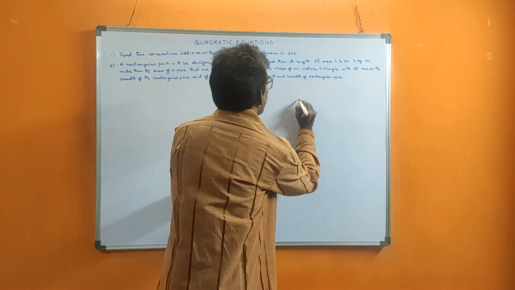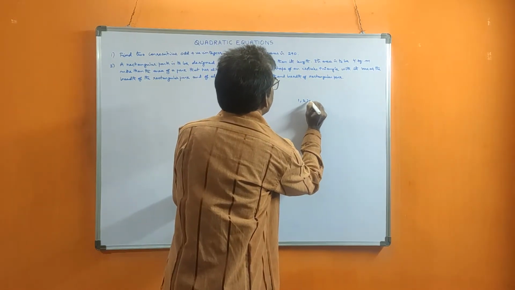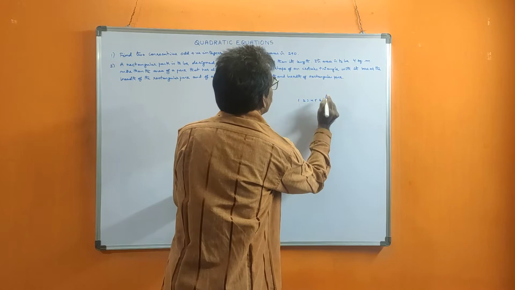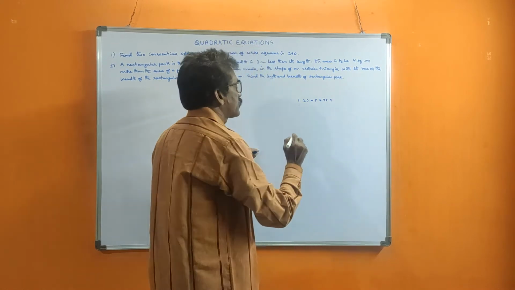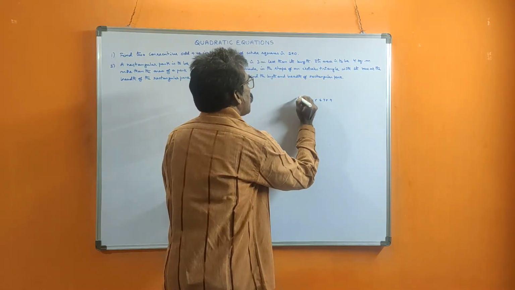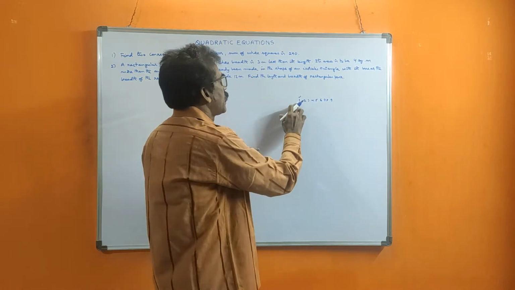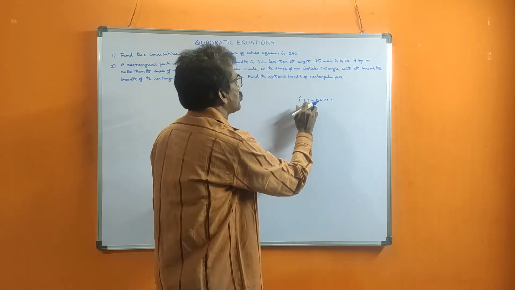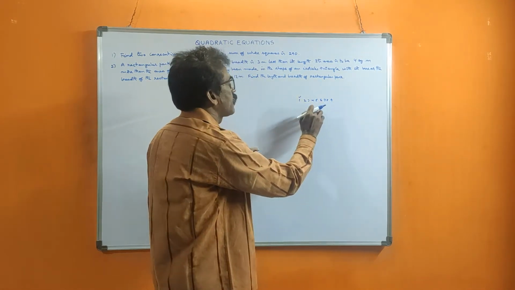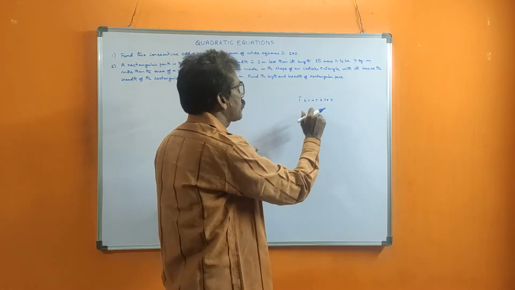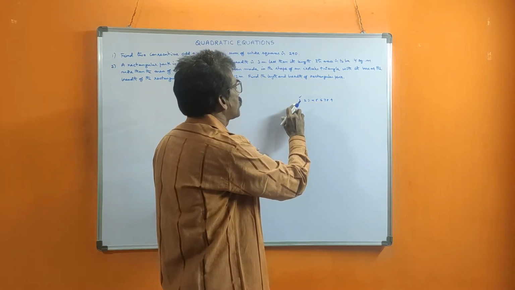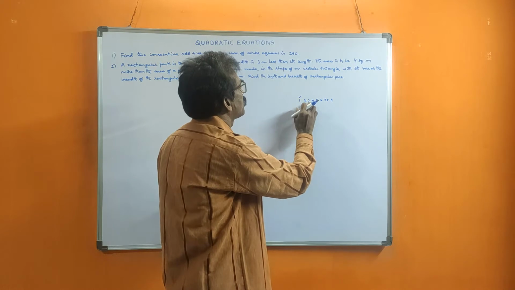Suppose you see the numbers 1, 2, 3, 4, 5, 6, 7, 8, 9. Suppose this is the first odd number I took. Consecutive means the next immediate. This is also an odd number, 5 also, 7 also, 9 also. But for 1, what is the next immediate odd number? 3.